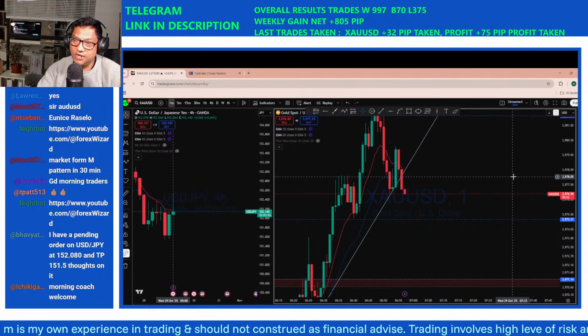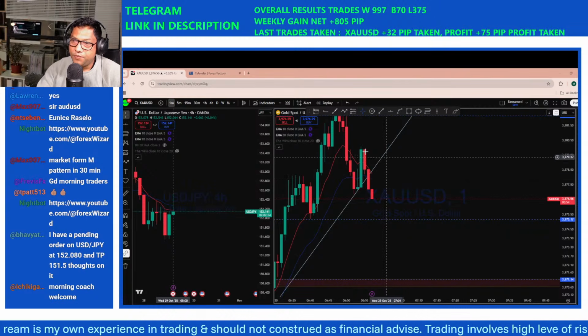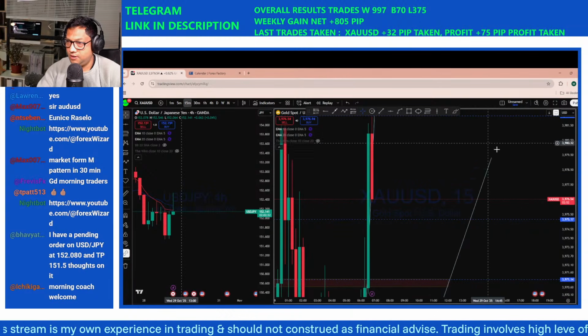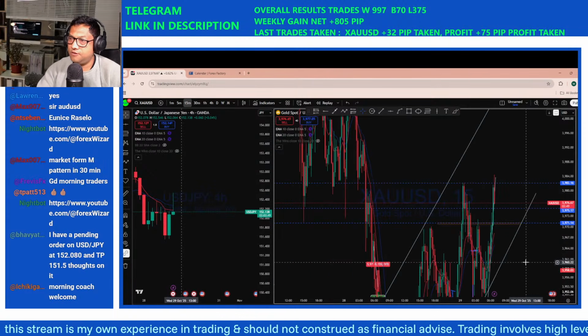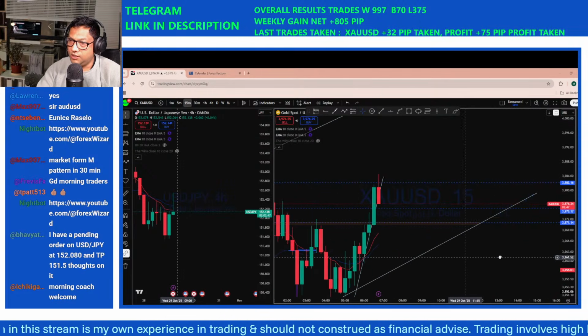Okay, so you see that there is a break below, and from the 15-minute chart, it's on a pullback.